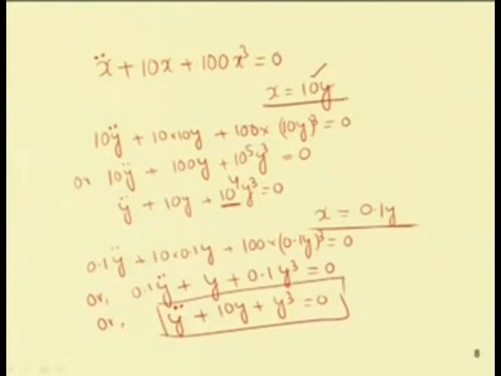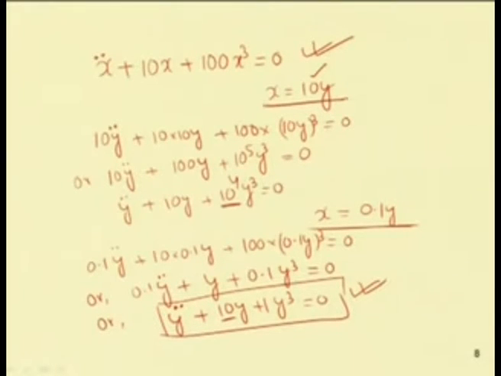If you compare this equation with the original equation, you can see the coefficient of the nonlinear term is small. The coefficient of the nonlinear term is 1, while the coefficient of the linear part, the spring stiffness, is 10. So 1 is 10 times less than 10.